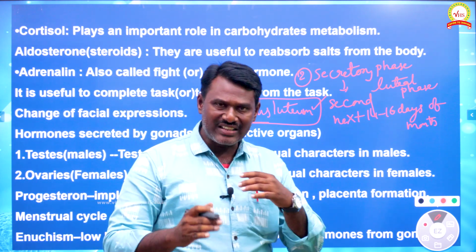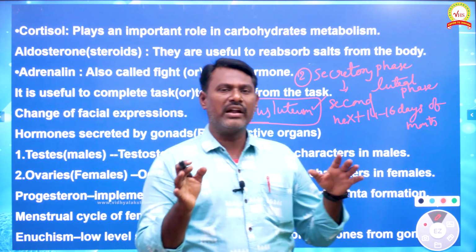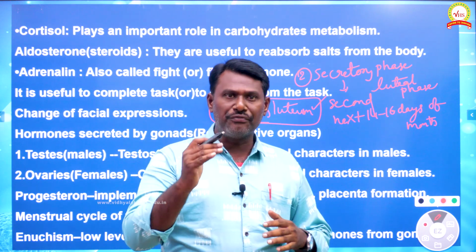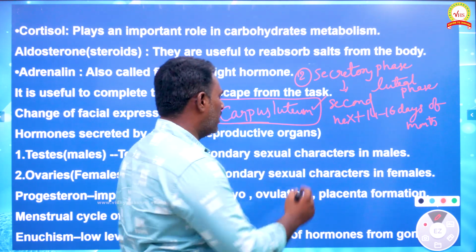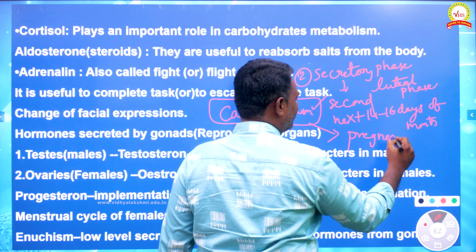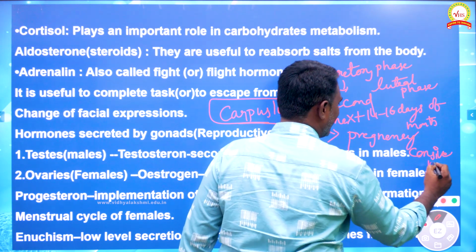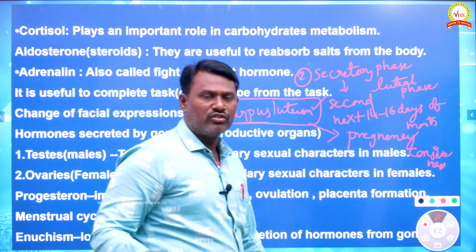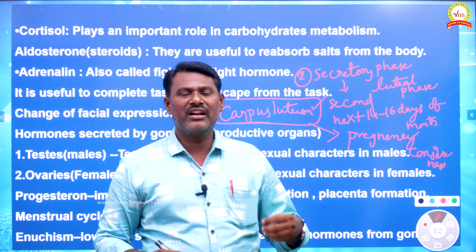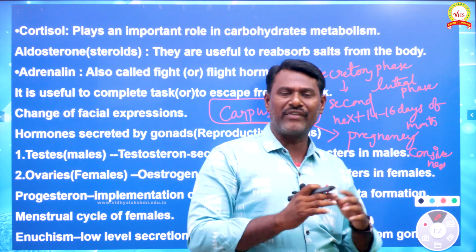The cells of the vagina, uterus, fallopian tube and oviduct undergo changes to produce the corpus luteum. If the corpus luteum is formed, that leads to pregnancy or conception. So here we have two implications.